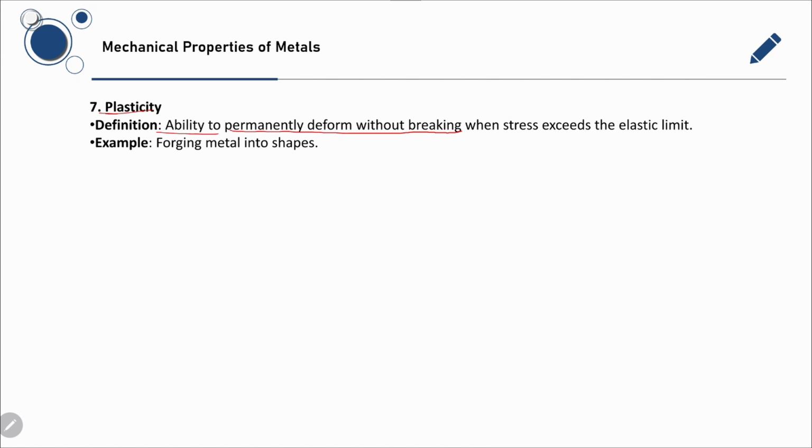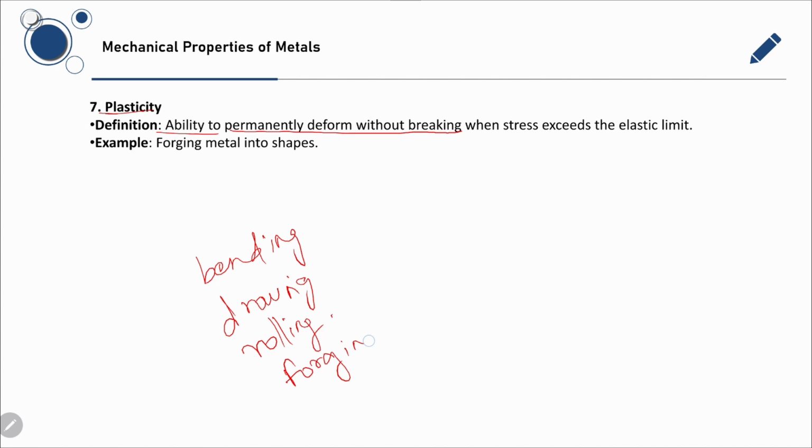Plasticity is what allows us to form parts safely: bending, drawing, rolling, extruding and forging all rely on controlled plastic flow instead of fracture.